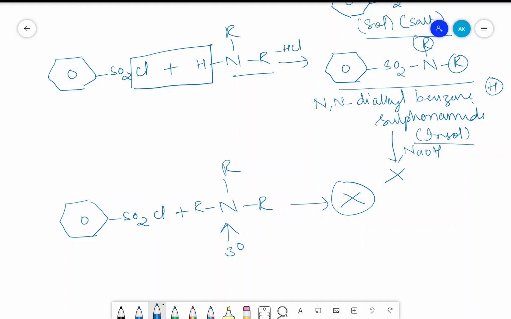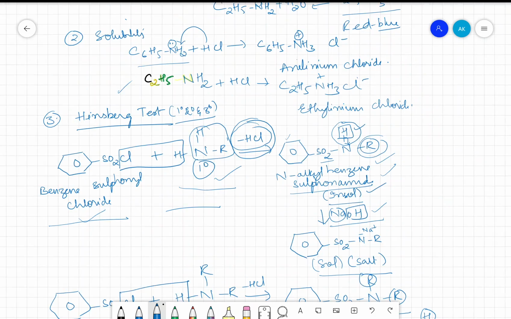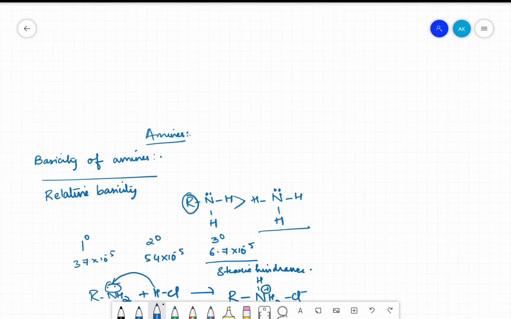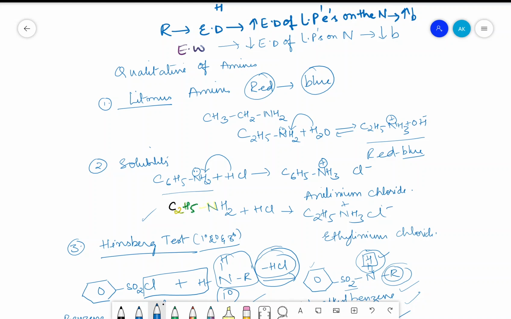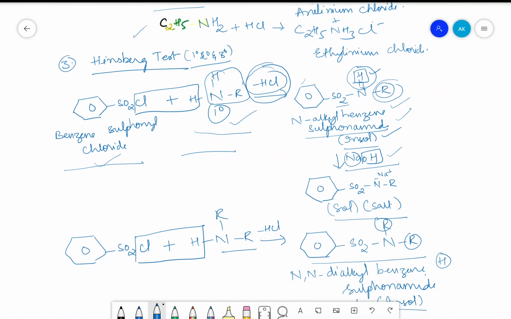So tertiary amine can be separated in the first place itself. So this is how we are going to show the qualitative test for amine. The first is litmus test, followed by solubility test, followed by Hinsberg test, where we are going to use benzene sulfonyl chloride.